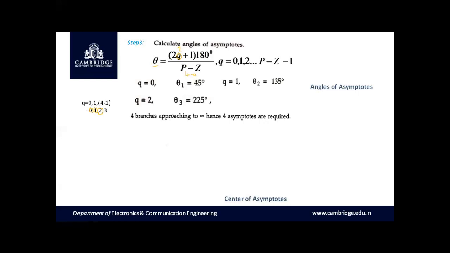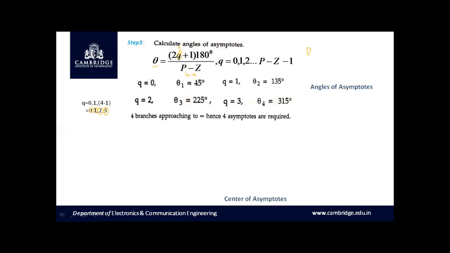Finally, let us substitute q equal to 3 in this expression. So 2 into 3, 6 plus 1, 7 times 180 degree divided by 4. Therefore, theta 4 will be equal to 315 degree. As I told you, we get 4 asymptotes.